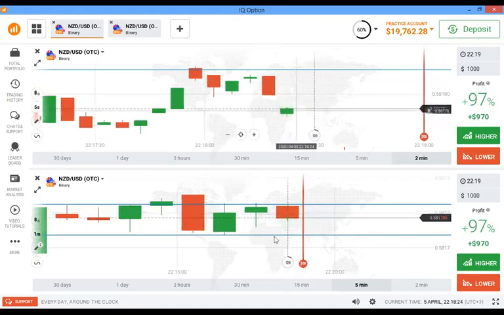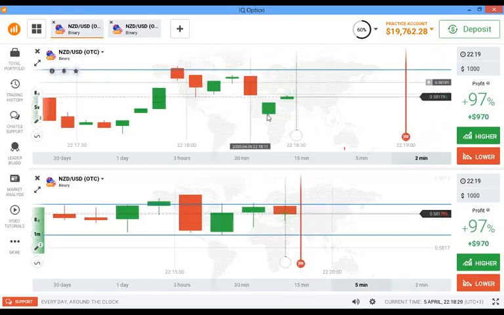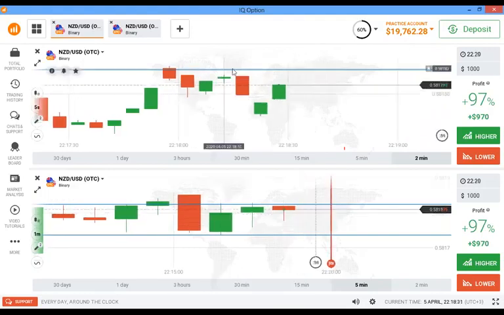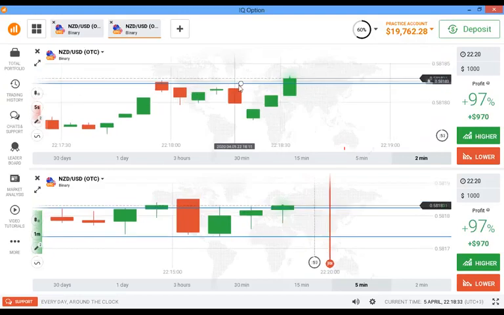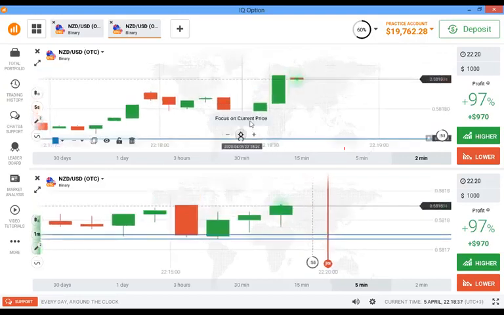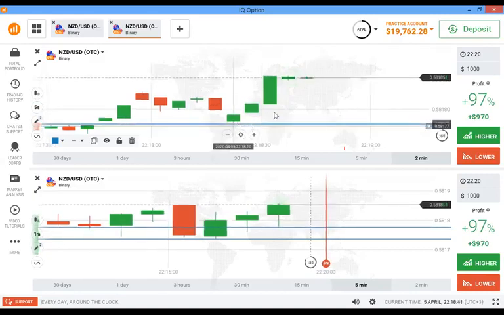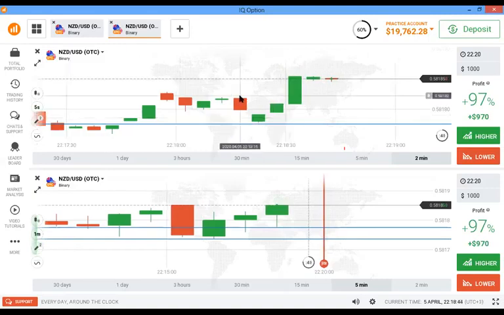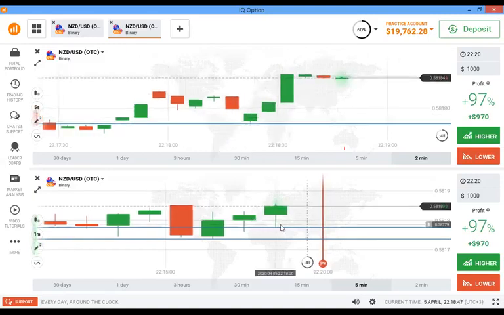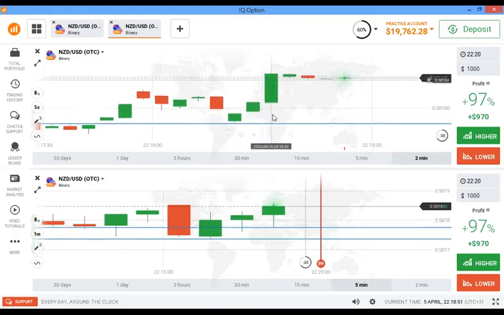A gap up, that is, the buyers had changed their entry from here to here. Buyers change their entry from here to here. That's why we are seeing this gap up. This is the rejection here. A strong bullish candle, that's why you're seeing this buying pressure.